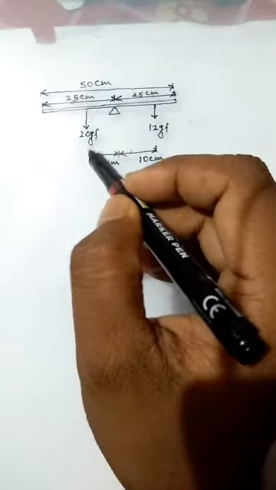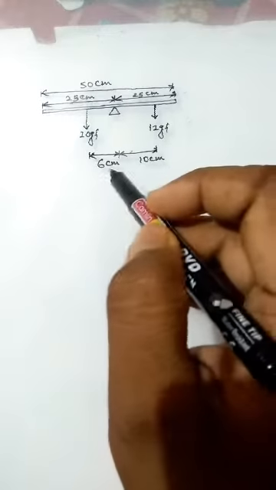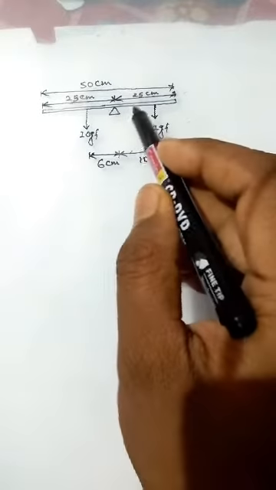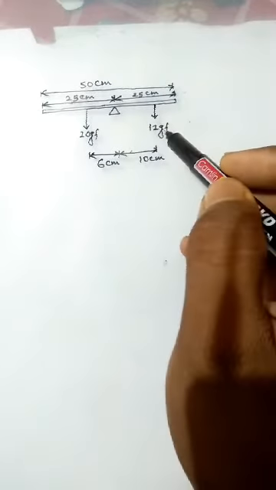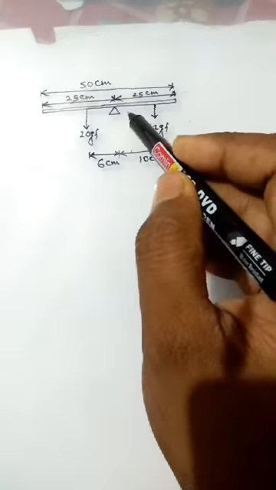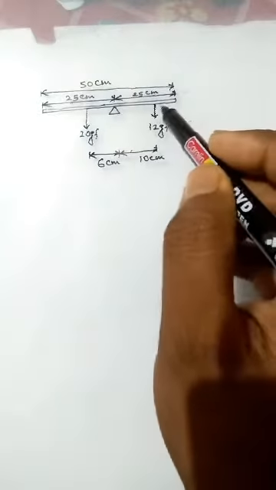And two forces: 20 gram force is acted at 6 centimeter from the pivot, and the 12 gram force is acted at a distance 10 centimeter from the pivot, which is in right direction.